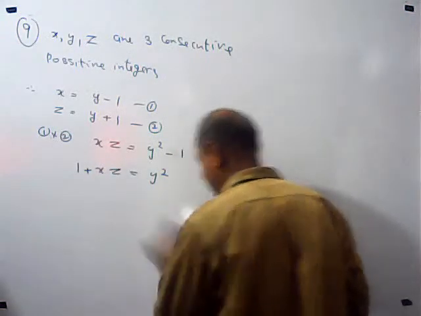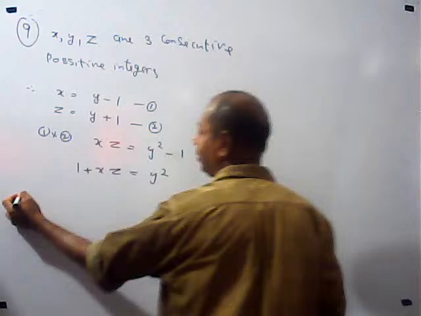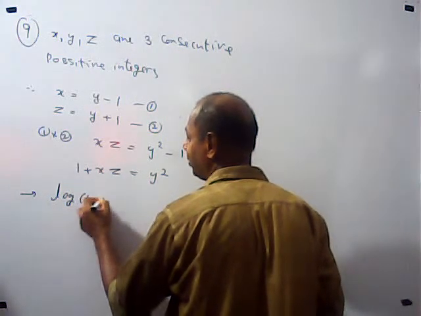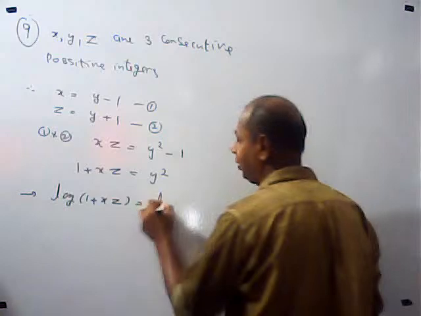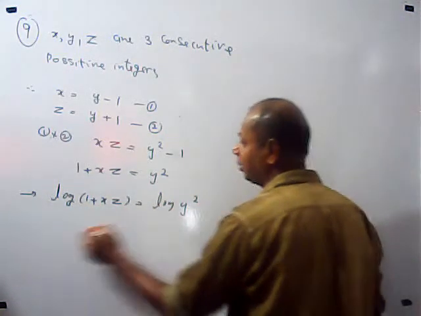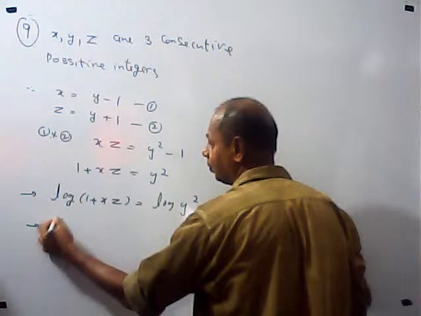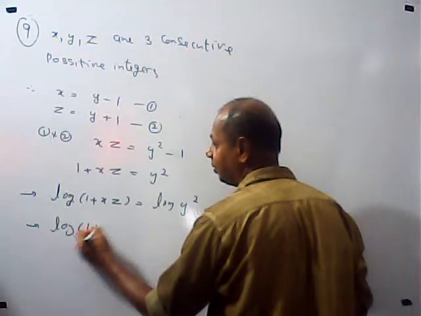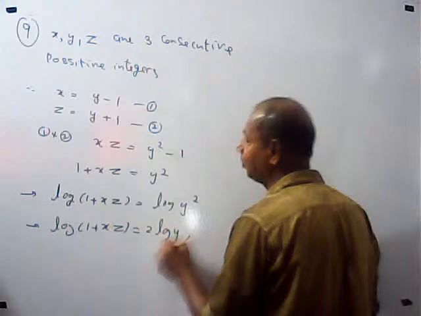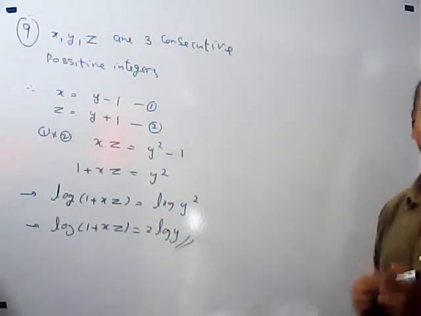Now take log on either side. That implies log, whatever the base, of 1 plus xz equals log to the same base of y squared. So the 2 can be taken forward. Log (1 plus xz) equals 2 log y. So that's all. That's it.